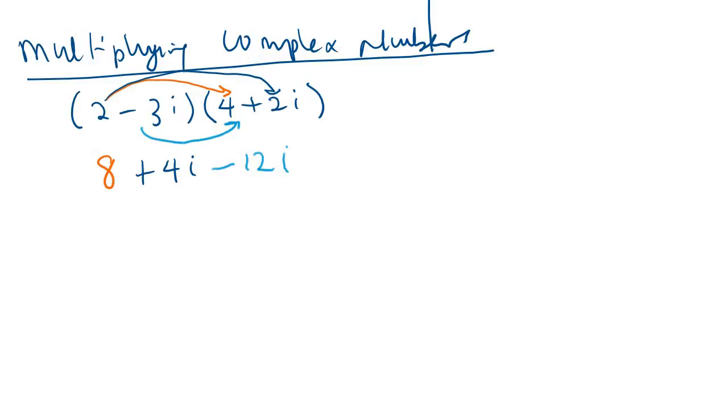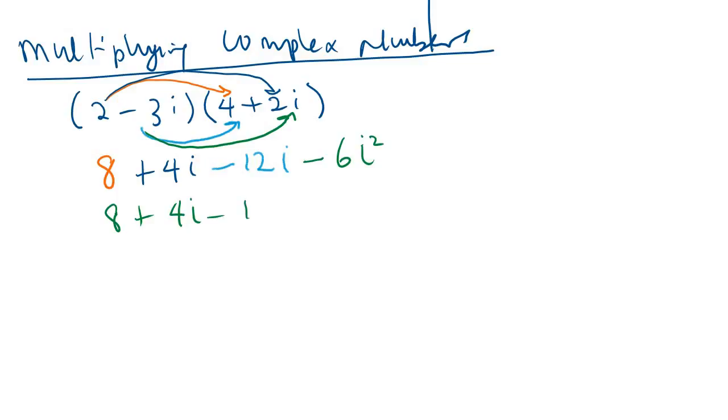And then I'll do negative 3i times 2i. That will be negative 6i squared. Now, yes, we can combine the like terms, but we need to deal with this negative 6i squared first. So I'm going to rewrite everything and then deal with that.